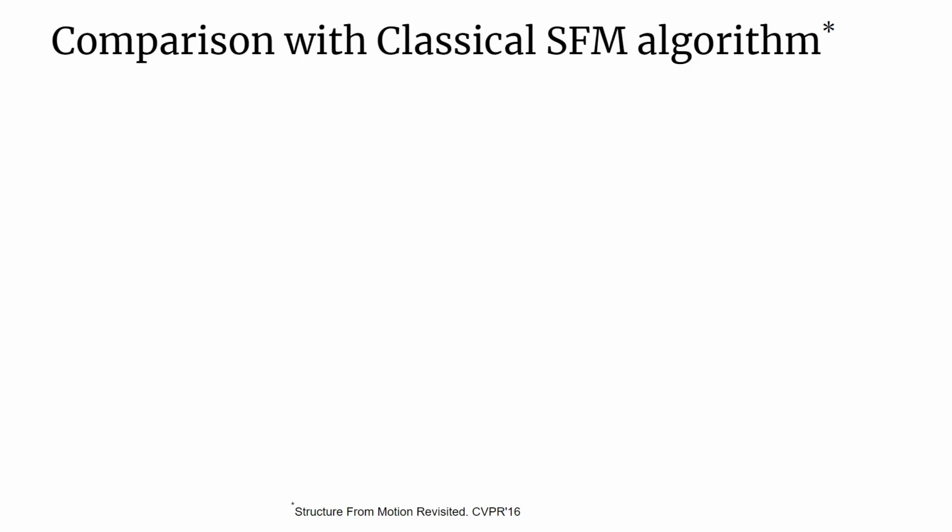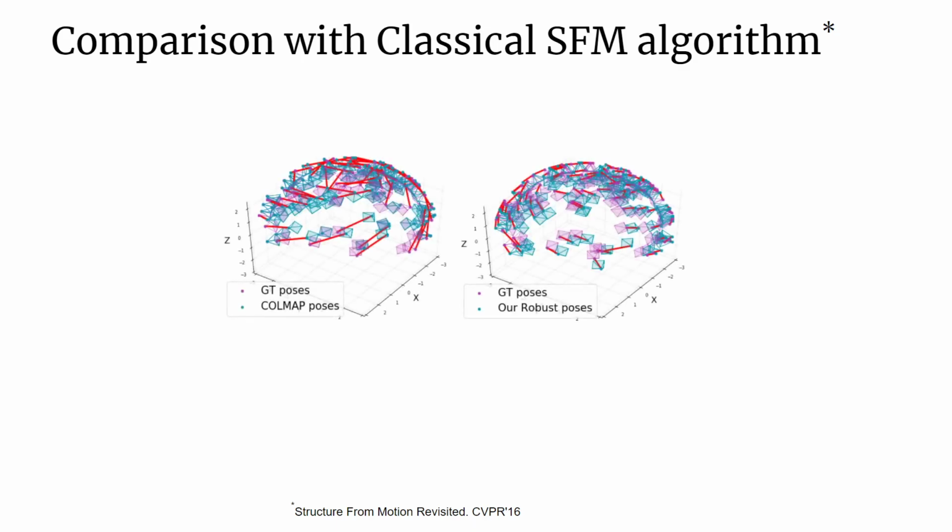And then we use the algorithm again to estimate relative rotations and then absolute rotations. On the other hand, based on the noisy relative rotations, we apply our robustification approach and then estimate a different set of robust poses for the scene, and we compare both of these poses with respect to ground truth poses in this figure, and it can be observed that our robustified poses are much better as compared to the ones estimated by this SFM algorithm in the presence of noisy correspondences.